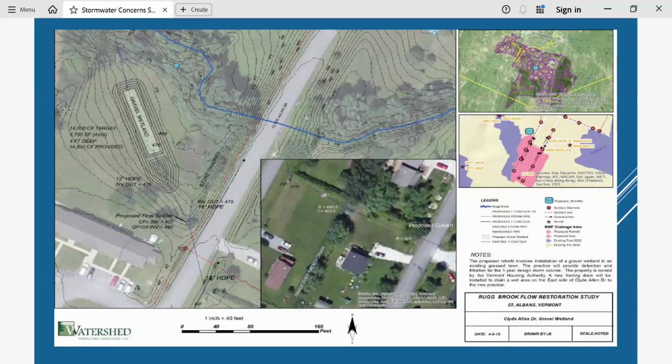That was really the only place we had to build this project. If we couldn't have gotten the easement from them, this wouldn't be happening at all. If I remember right, we're getting over 2.5 kilograms of phosphorus credit per year for this project, 2.6 or something like that. Such a critical site.